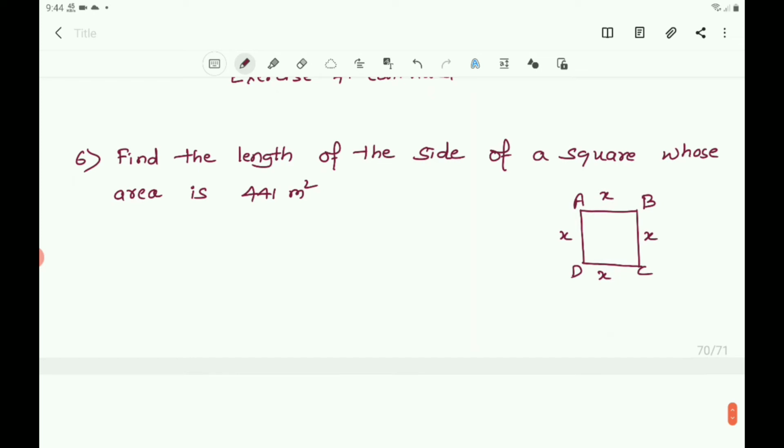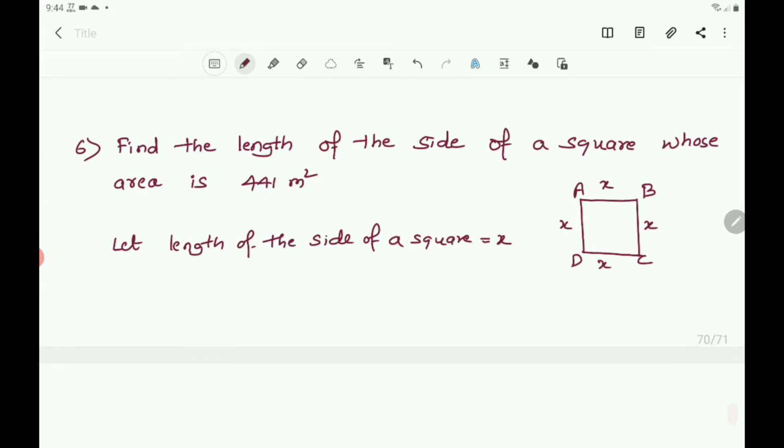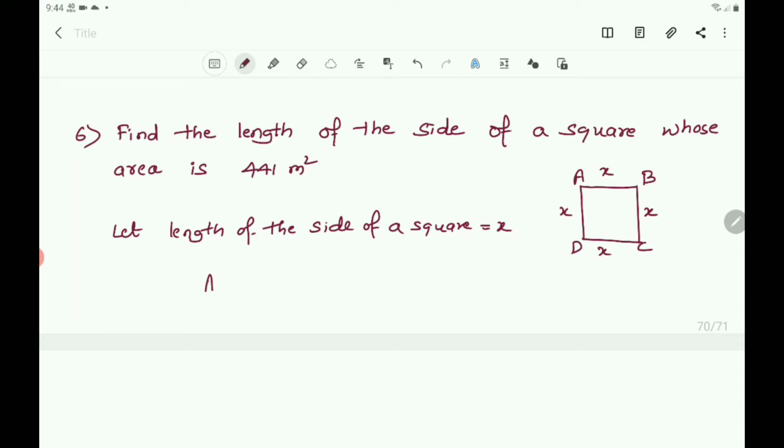So let us assume the length of the side of a square is x. You know that area equals side into side, that equals x², and the area is given as 441 m².